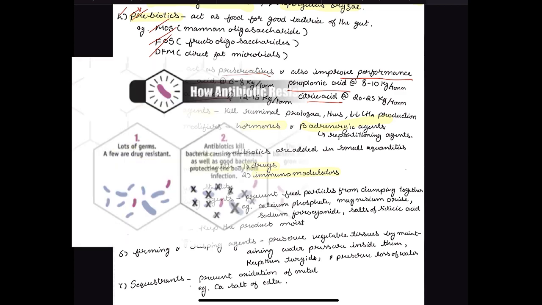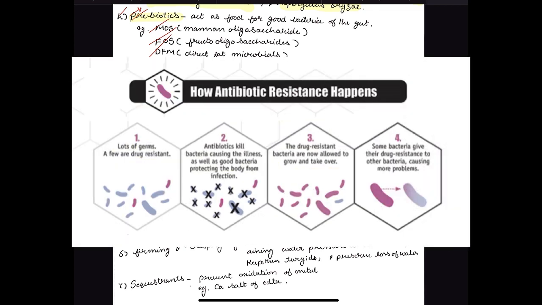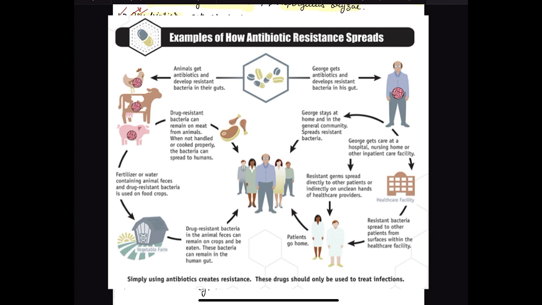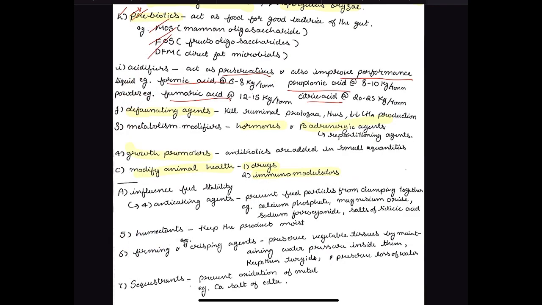So basically, what happens when we are giving growth promoters like antibiotic growth promoter to the animal? The antibiotics are getting accumulated in the animal, okay, and they are excreted in the animal product like milk and meat and egg. Okay, and if I'm consuming milk, then I'm getting the antibiotic, and these antibiotics are going to act on the bacteria. The surviving bacteria will form resistance against it.